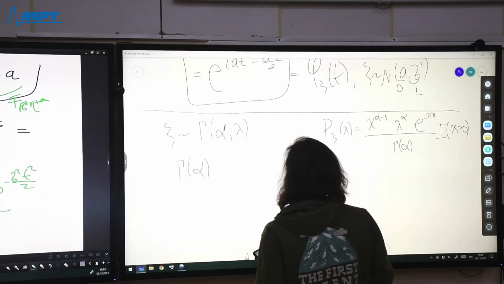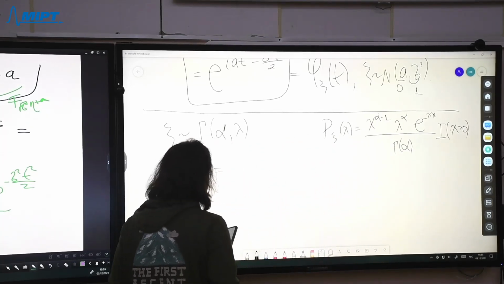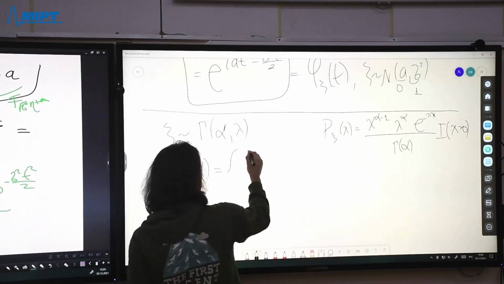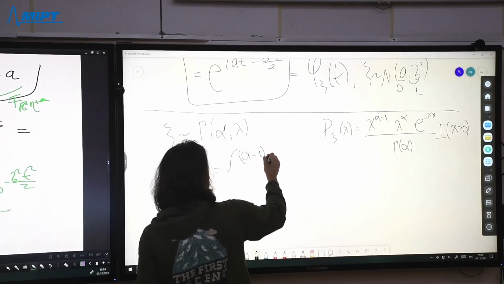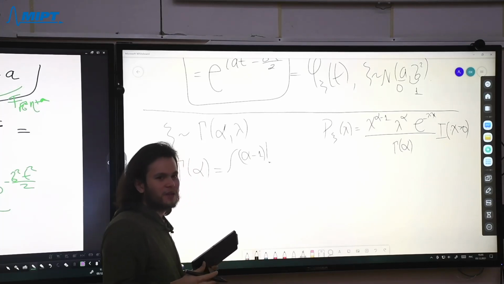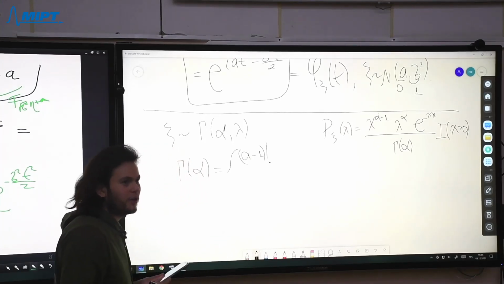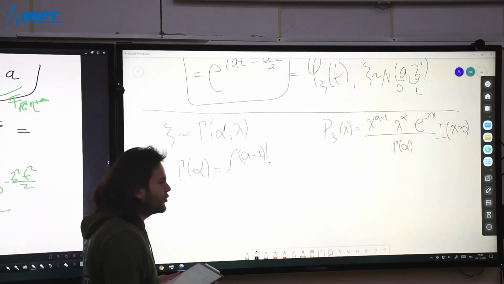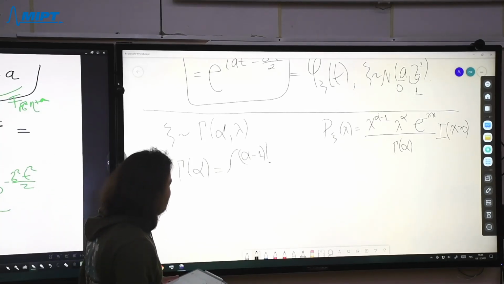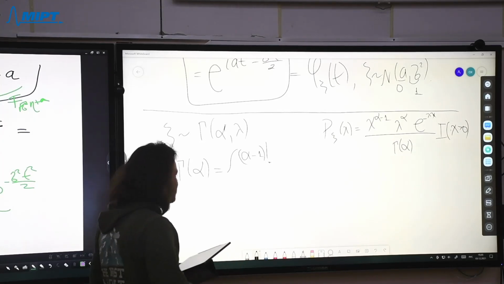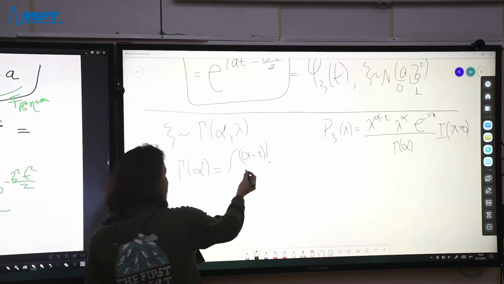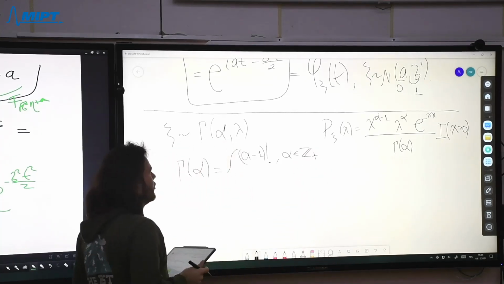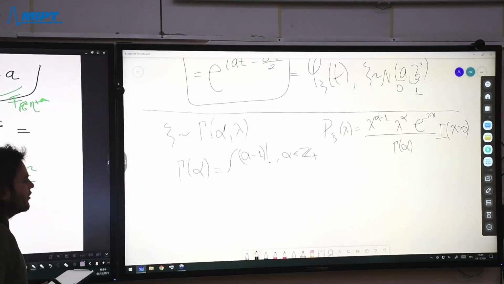Where the gamma function depends, right? If alpha is an integer, then this is just alpha minus 1 factorial. So the gamma function is the general notion of the factorial. This is true if alpha is a positive integer, so we just take alpha minus 1 factorial.